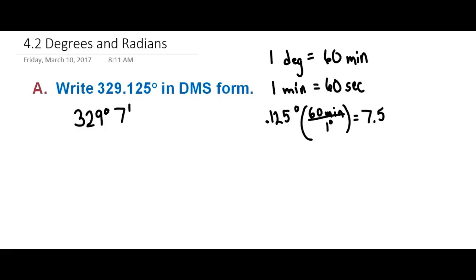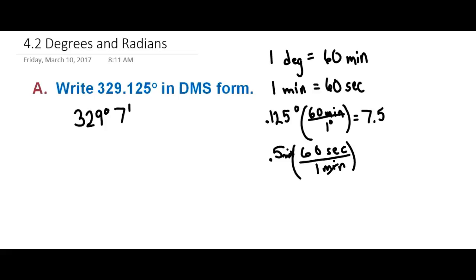But then we still have this half of a minute left over. So we need to convert that into seconds, and you might see immediately that half a minute would be 30 seconds. But just to go through the process, 0.5 minutes times 60 seconds over 1 minute.